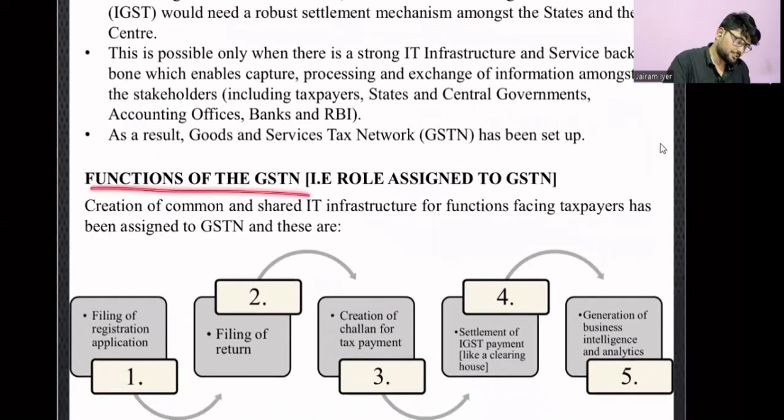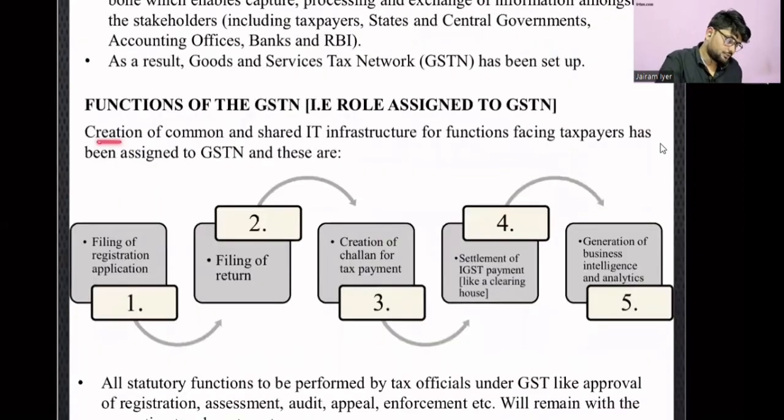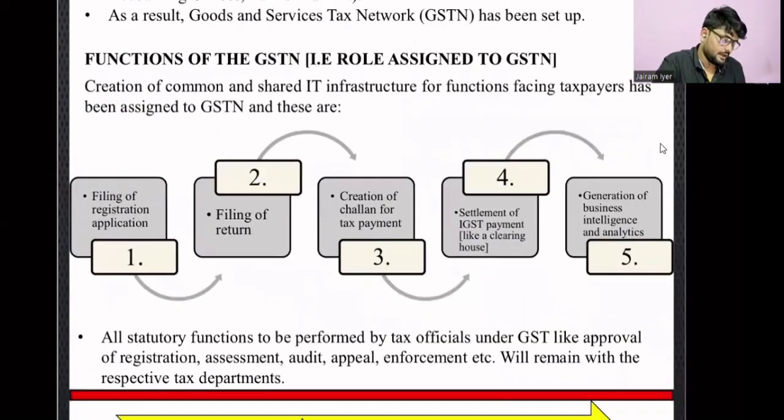Functions of GSTN, that is, the role assigned to Goods and Service Tax Network. Creation of common and shared IT infrastructure for functions facing taxpayers. These functions assigned to GSTN are filing of registration application, filing of return, and creation of challan for tax payment.